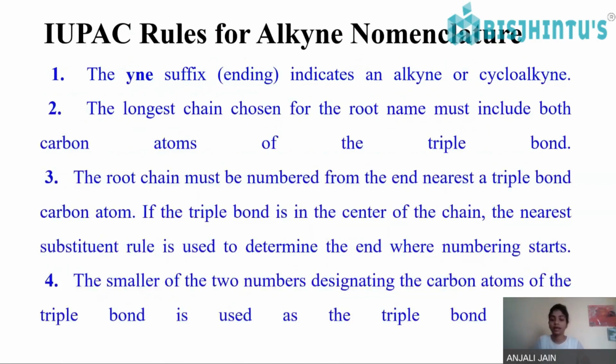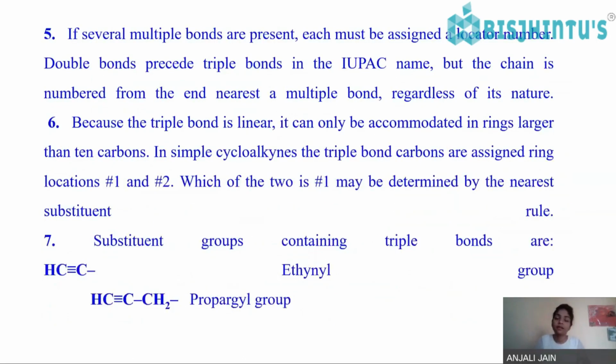So if the carbon atom is at the second position or at the fifth position in the heptane case, at the second position I will take the numbering from the left side. If several multiple bonds are present, then what will we do? Each must be assigned a locator number.